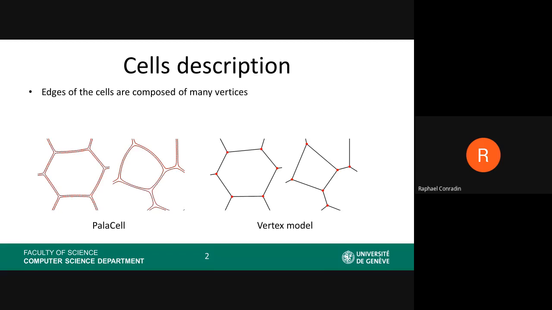In my model, as I told before, it's a fully resolved model, so there are a lot more vertices on the cell boundary, and each cell has its own cell boundary, which allows us to have a better, more realistic shape than just straight lines.